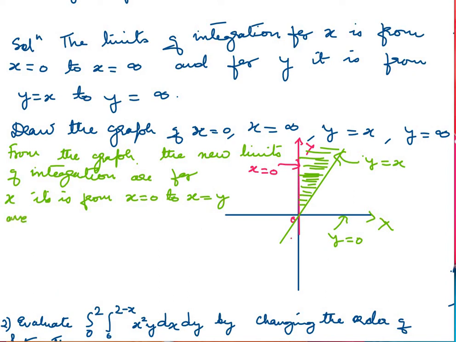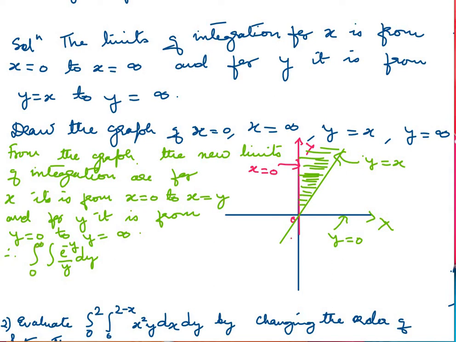And for y, it is from y is equal to 0 to y is equal to infinity. Therefore, the double integral e to the power minus y by y, dy dx, from 0 to infinity, then x to infinity, by changing the order of integration becomes: for y, it will be from 0 to infinity.